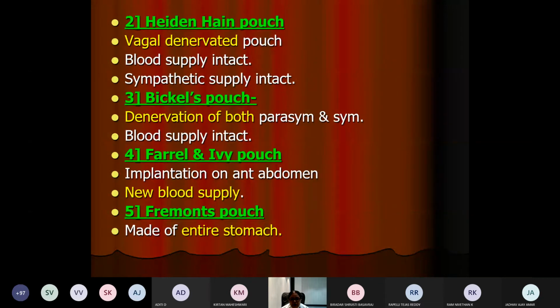Next one is the Thiry-Vella pouch: implantation on anterior abdomen, new blood supply. Then the fermentous pouch made of entire stomach. One is Paul's pouch, then Heidenhain pouch, Pavlov's pouch, Thiry-Vella pouch, fermentous pouch.